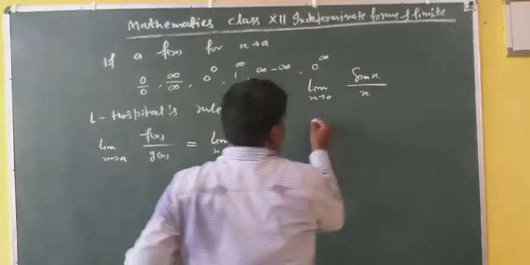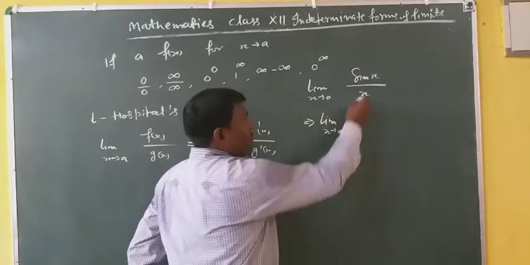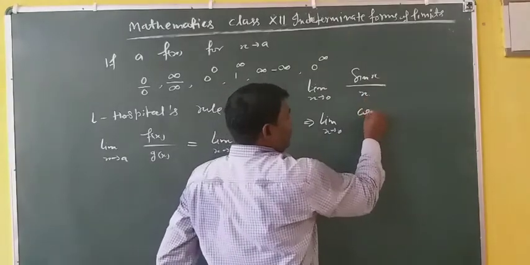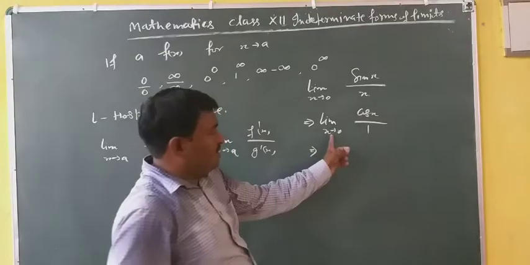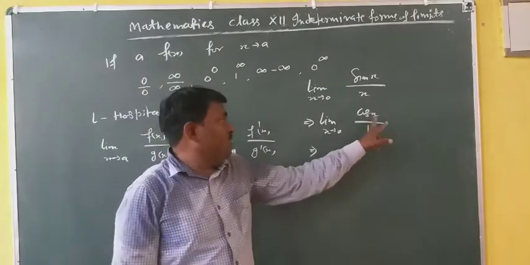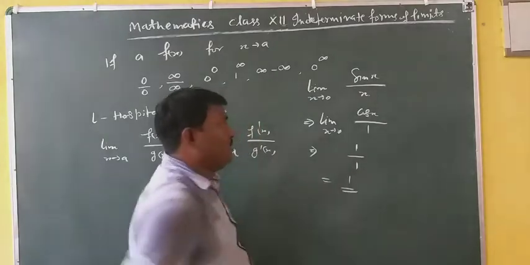For example, here limit x tends to 0, the differentiation of sin x is cos x and the differentiation of x is 1. Putting x as 0, cos 0 is 1, so 1 upon 1 is 1. So it is your answer.